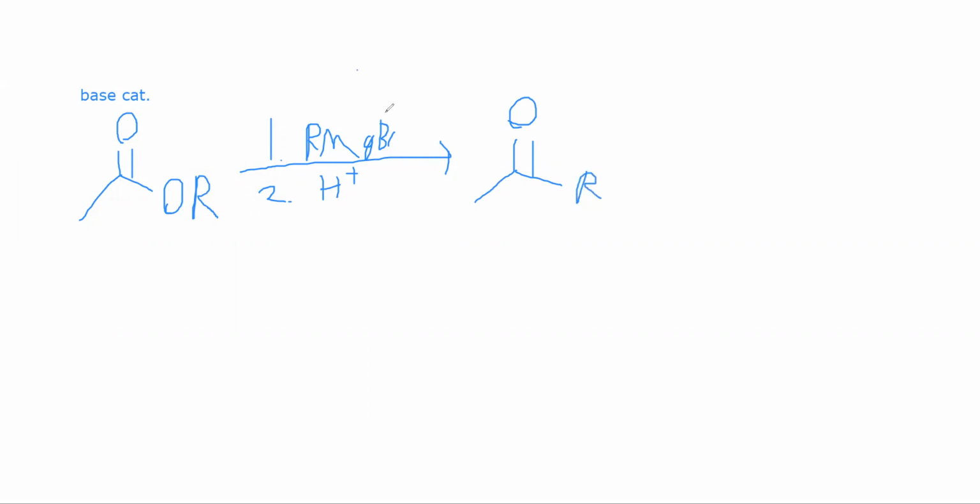But a ketone is more reactive than an ester. So the thing we just formed is more reactive than what we started with. It's going to react with another Grignard, and we are going to end up with a tertiary alcohol. And there's not really a way to stop that.